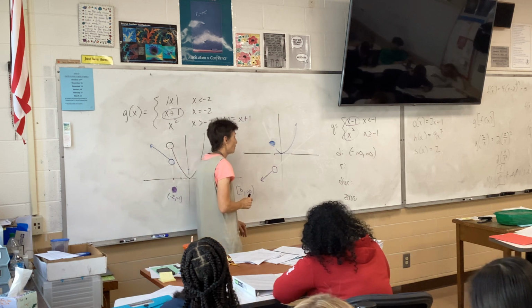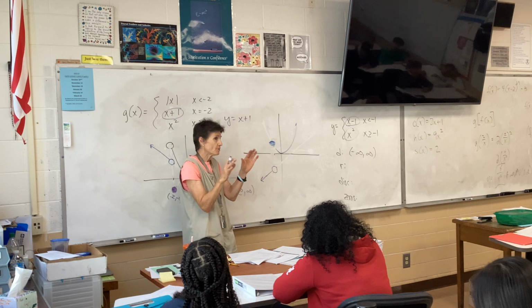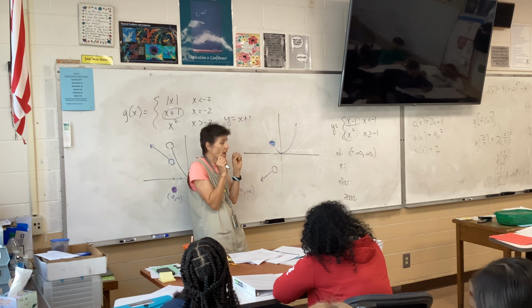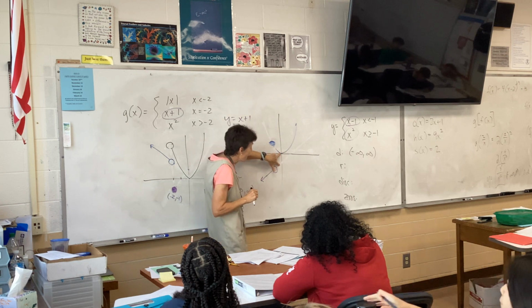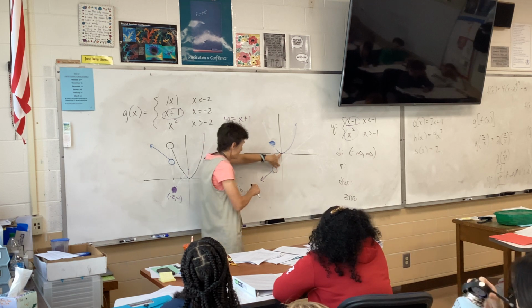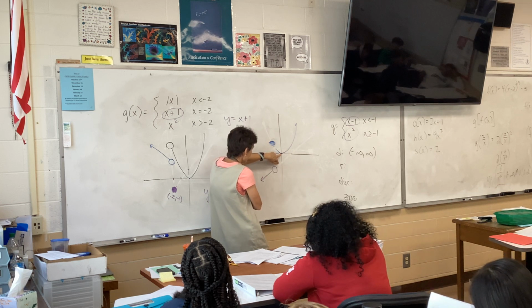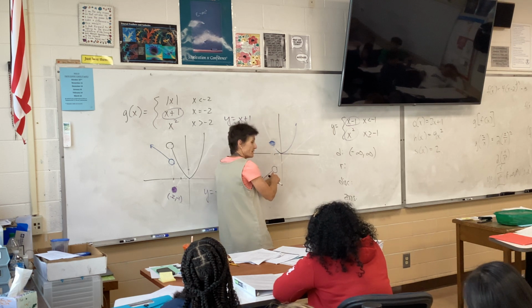Alright, here, let's do domain, or excuse me, range. Let's do range. This is another complicated one because there's a gap in there. See that? So let's just do this piece. What's my range here? It goes from -infinity all the way up to this purple point.